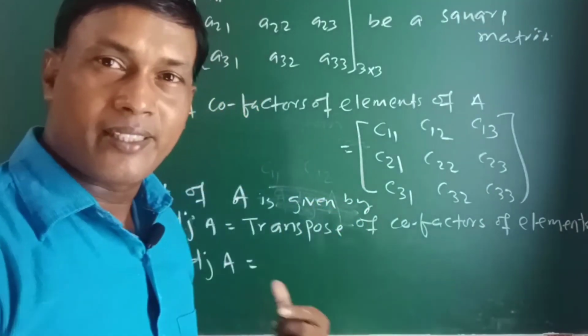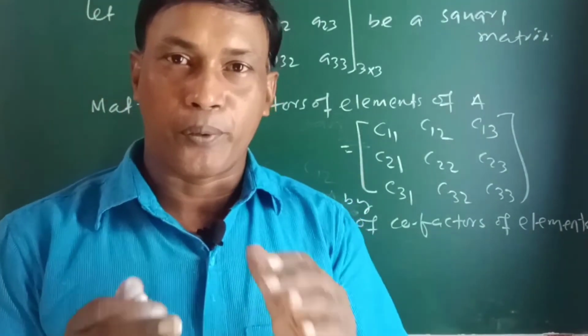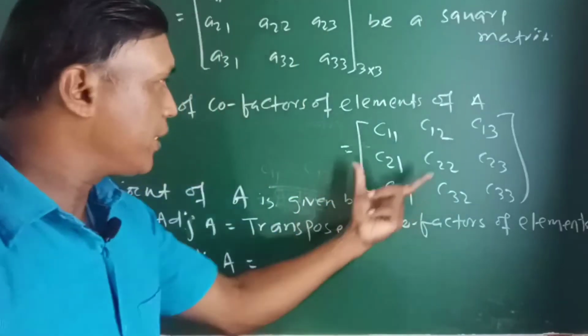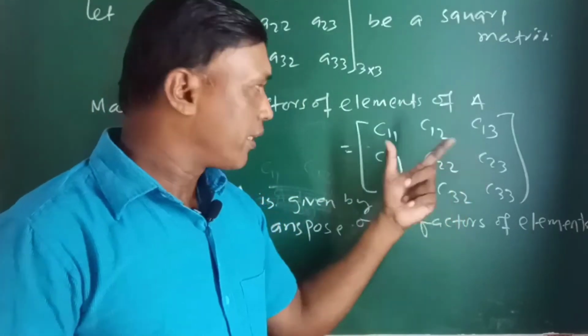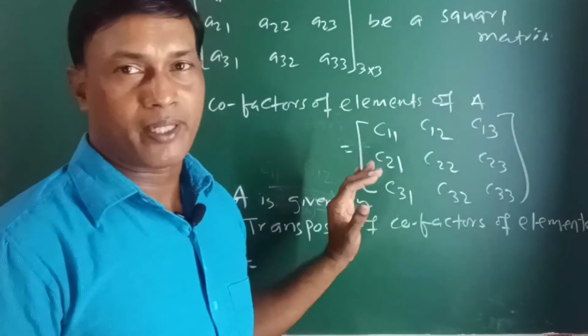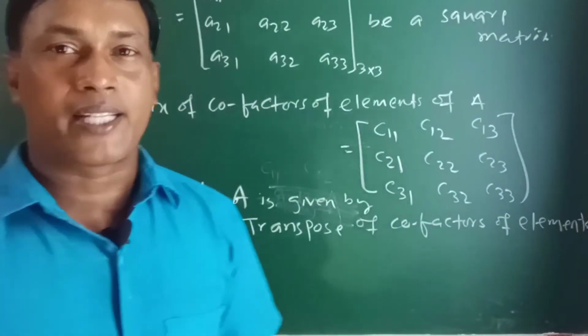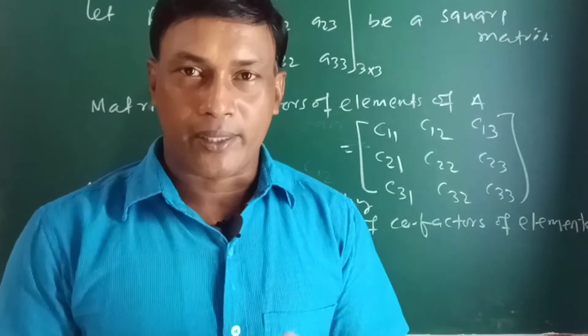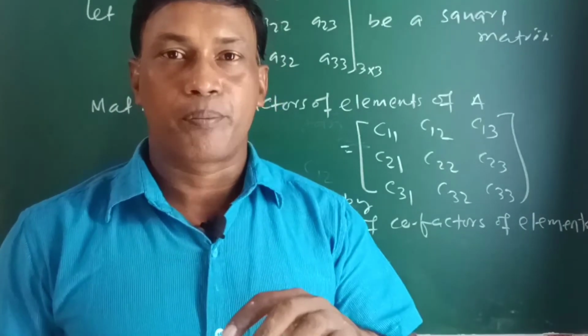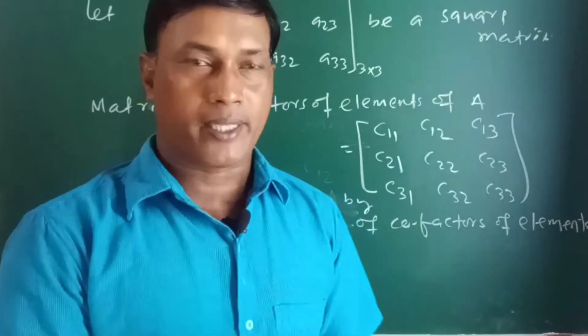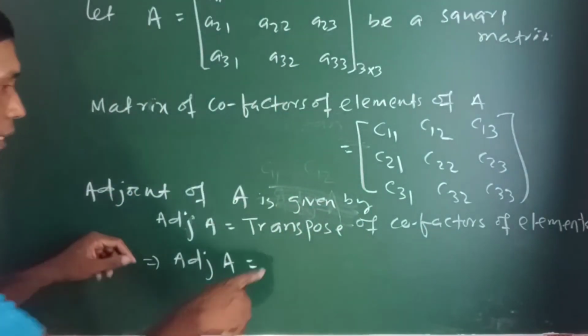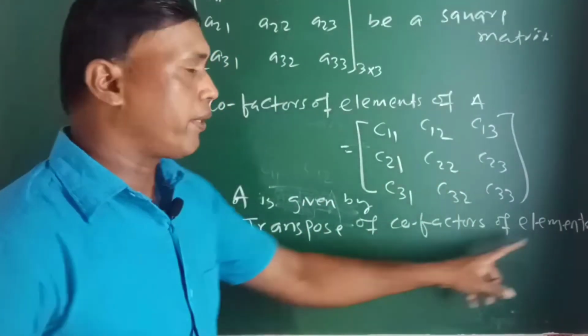Simply this is the transpose of the cofactor matrix. This is the cofactor matrix. Take the transpose of this matrix. A new matrix will form, and that is the adjoint of a matrix. So adjoint of a matrix means transpose of the cofactor matrix. So adjoint A is the transpose of cofactors of elements.